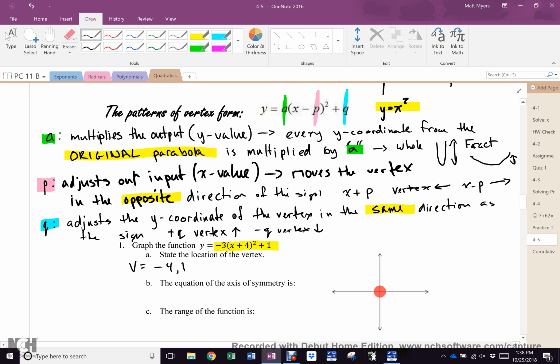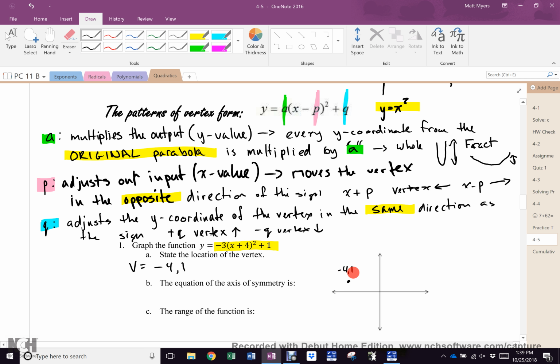Let's draw it. Where is negative 4, 1? Go to the left 4, 1, 2, 3, 4, and go up 1. Is everybody happy with that? Now, I am going to label it because this isn't real graph paper, yes? If it was real graph paper, we could all see it was at negative 4, 1. So I'm going to go ahead and label it negative 4, 1.